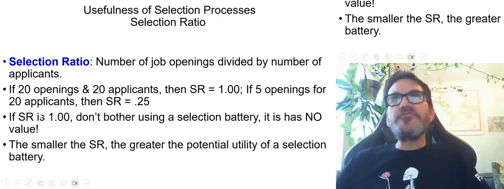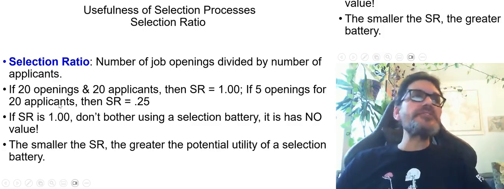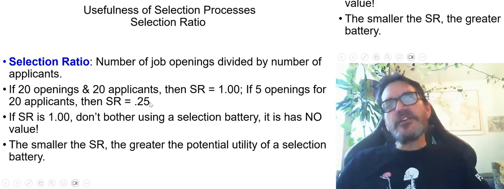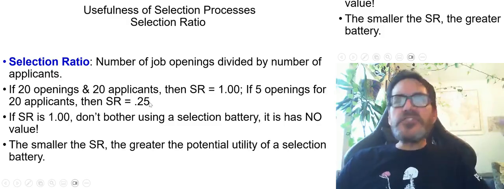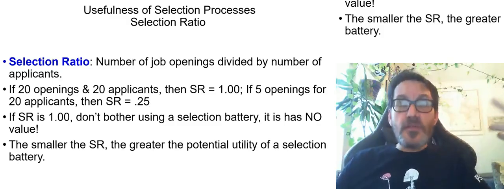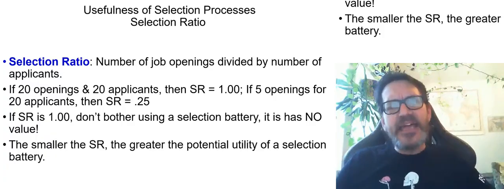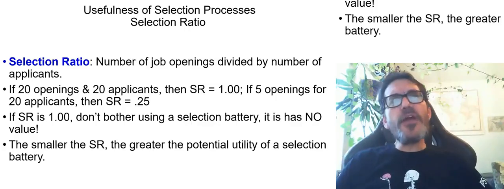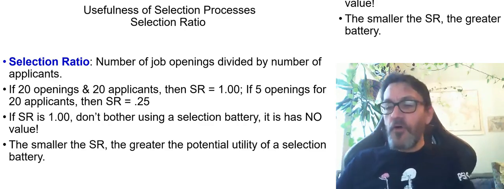But say there are 5 openings and 20 applicants, the selection ratio is 5 over 20 or 0.25. And now all of a sudden you can use a selection battery to find the most qualified candidates. So as the selection ratio gets smaller, the selection battery potentially has more and more usefulness.